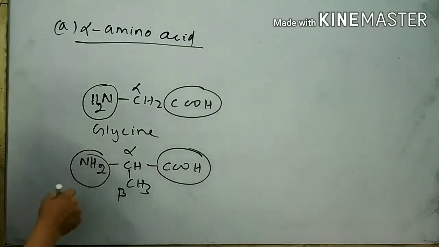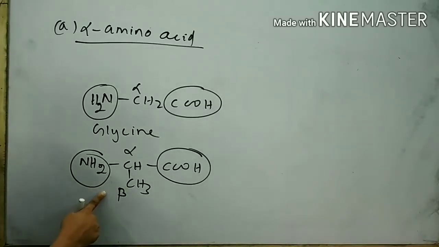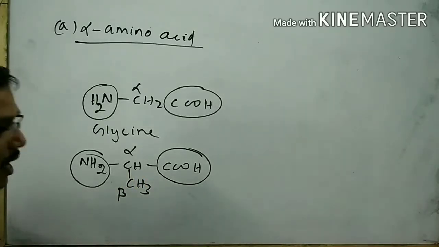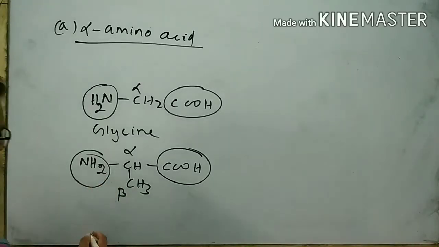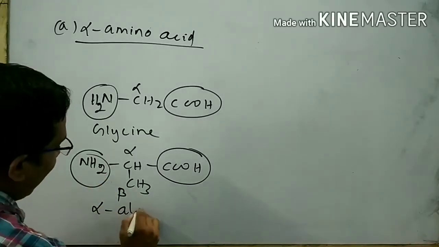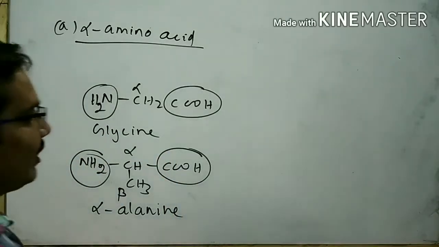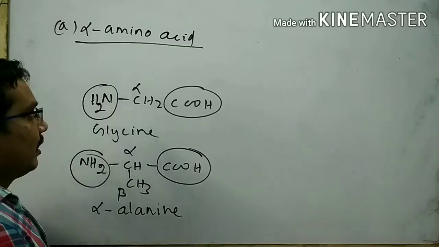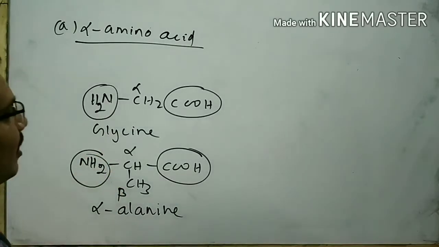Now the NH2 is attached to the alpha carbon, so this type of amino acid belongs to the alpha amino acid, and the name of this alpha amino acid is alpha alanine. From the examples, we can conclude that in an alpha amino acid, the NH2 group is attached to the alpha carbon with respect to the carboxylic group.